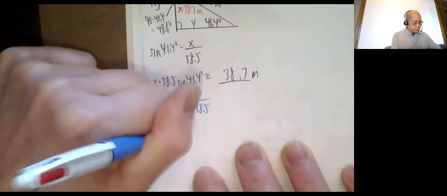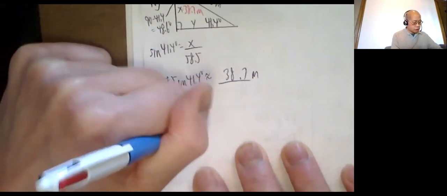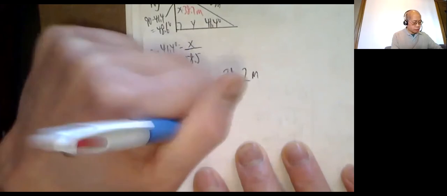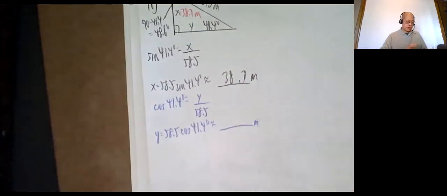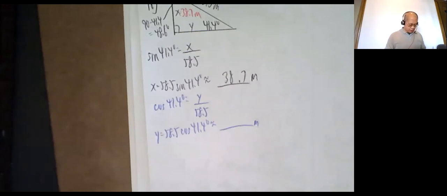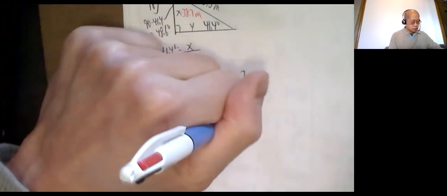Y is 58.5 cosine 41.4 degrees, squiggly equal. Okay, 58.5 cosine 41.4. 43.9, rounded off. Oops, sorry.